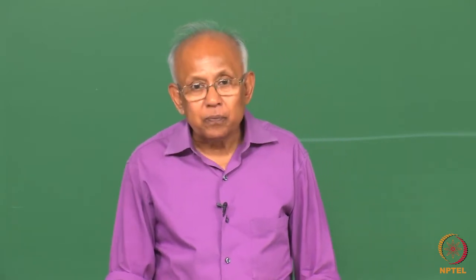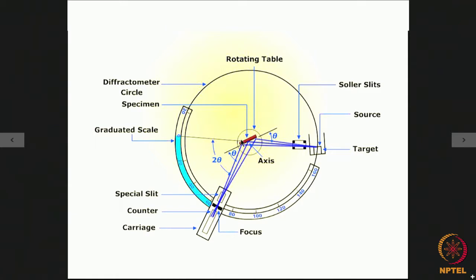So, what we do, we keep on rotating this sample with respect to this axis, starting from a very low value of theta and going up to a high value of theta.